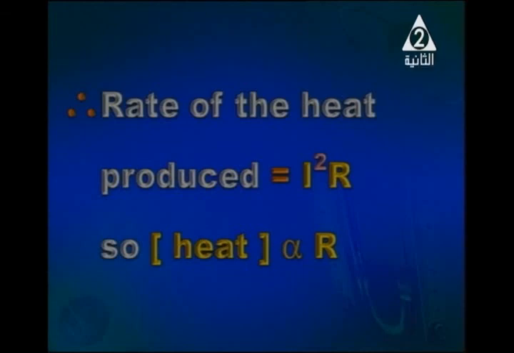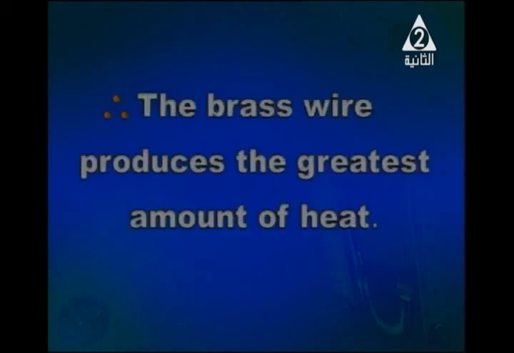So heat is directly proportional to the resistance. The higher the resistance, the greater the amount of heat produced. So the brass wire produces the greatest amount of heat simply because it has the highest resistance.